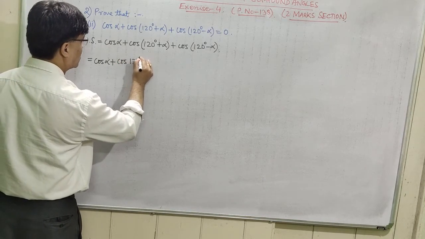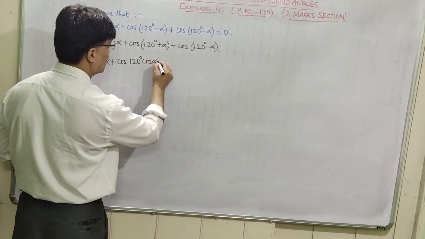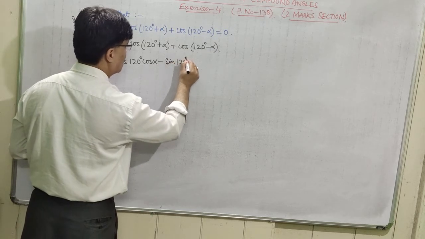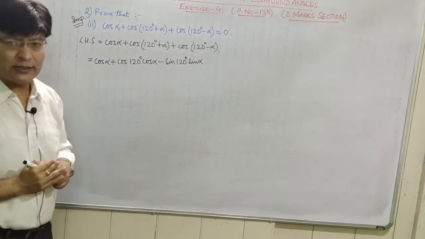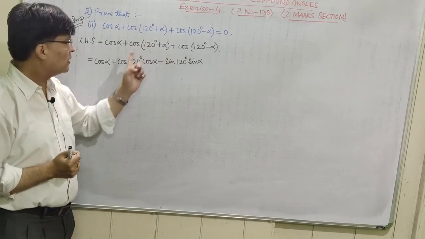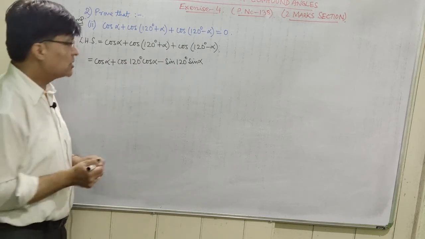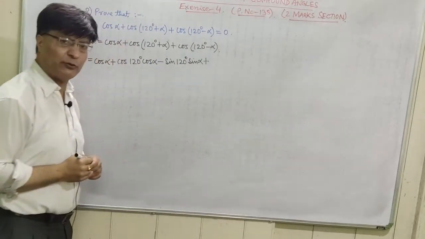So what is cos of a plus b? Cos a cos b minus sin a sin b, that is cos 120 cos alpha minus sin 120 degree sin alpha. So I think you have understood it. That is, 120 is taken as a, alpha is taken as b. Similarly, what is the third term? This is cos of a minus b, you know that.